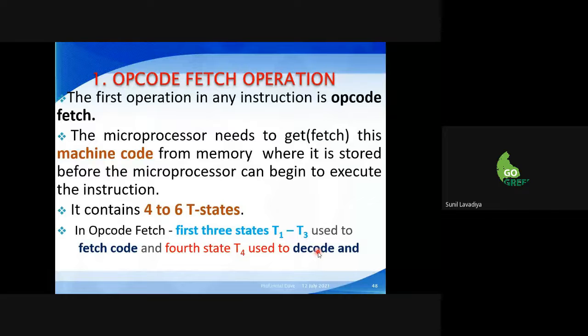If I consider this a 4 T-state cycle, the first 3 T-states are used for fetching the opcode, and the fourth one is used for the decode and execution.